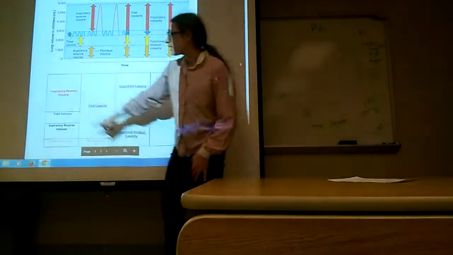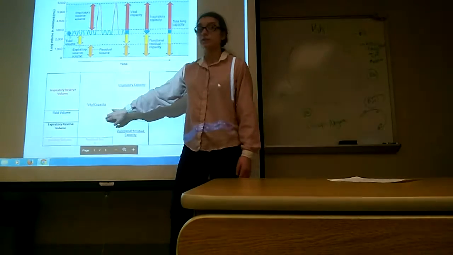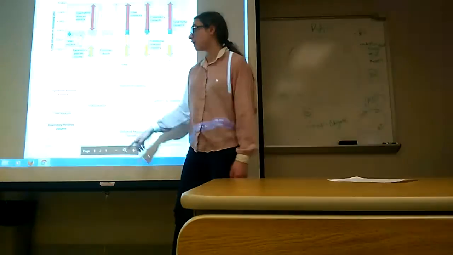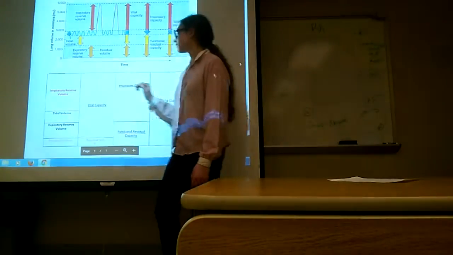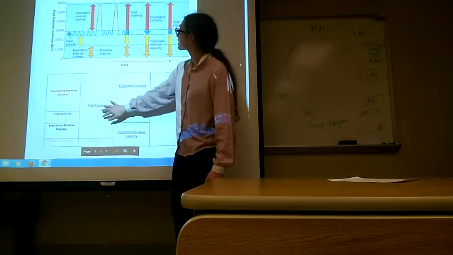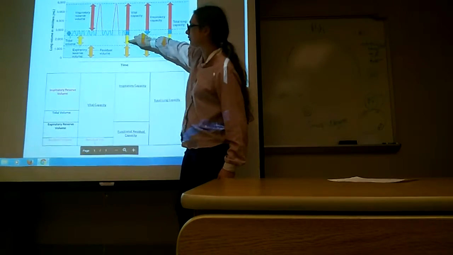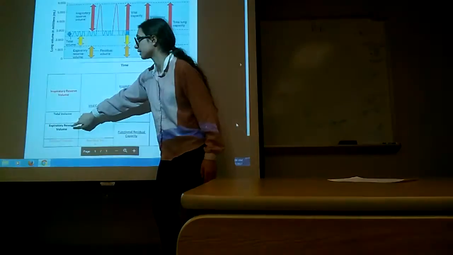So basically, each of these volumes makes up a capacity. So when you're looking at those equations, let's look at vital capacity. This is this entire arrow, the red, the blue, and the yellow. So 1, 2, 3.